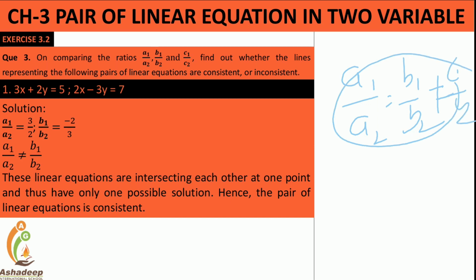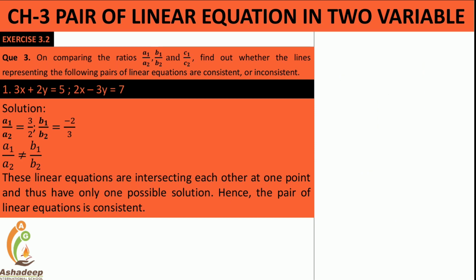This is the only condition where we don't get the solution. So that is the inconsistent pair, and the other two are consistent pairs of solution. And the last one, if the two lines are coinciding with each other, then this is the dependent pair of consistent solution.